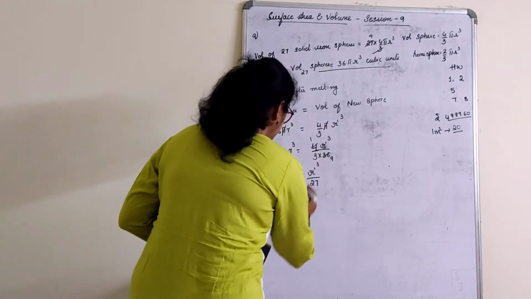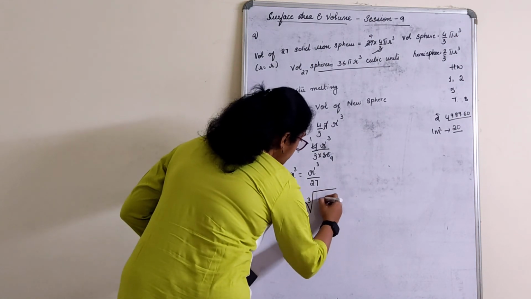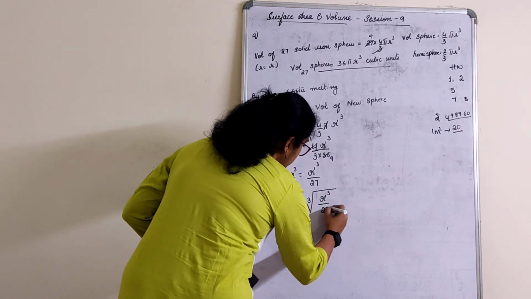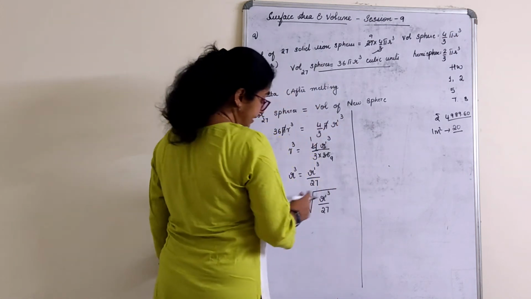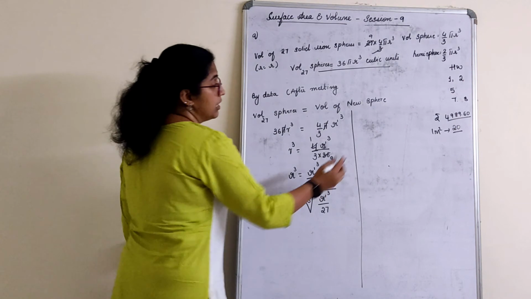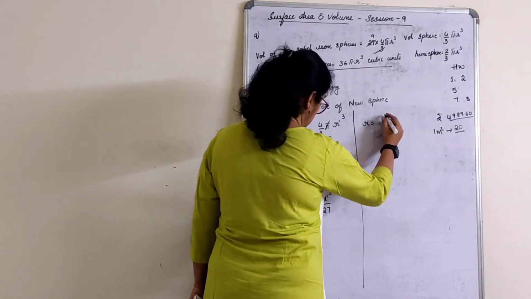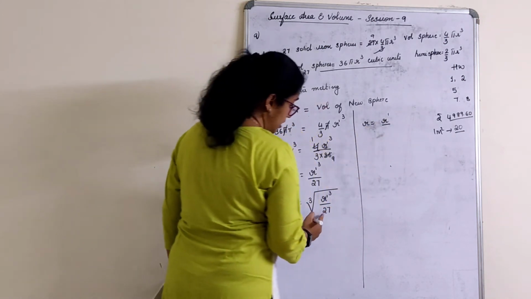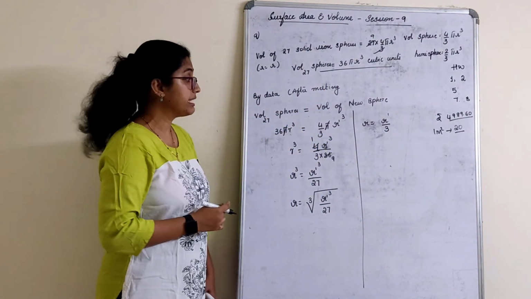R is equal to the cube root of r dash cube upon 27, which is r dash upon 3.